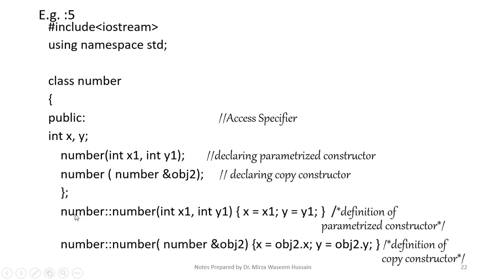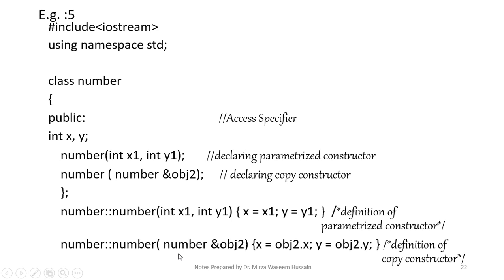Here we are giving the definition of the parameterized constructor, that is, we specify the name of the class, scope resolution operator, constructor. This is a normal parameterized constructor, int x1, int y1. We specify x equal to x1, y equal to y1. Here we are giving the definition of the copy constructor: Number, the name of the class, scope resolution operator, then the definition.